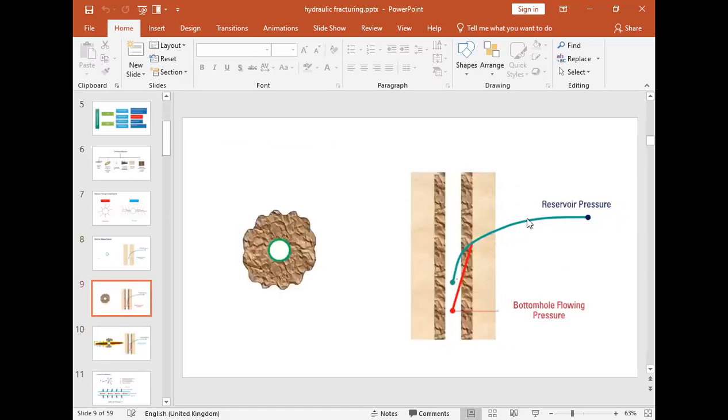But if there is a damage around the well bore, as the fluid gets into the zone where that damage exists, there is an extra pressure drop as a result of blockage of pore spaces within this zone. This extra pressure drop is due to this damage.